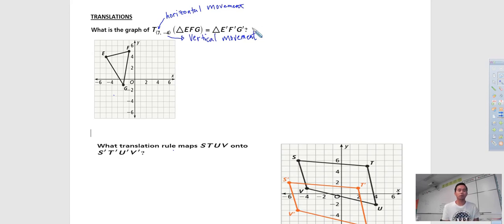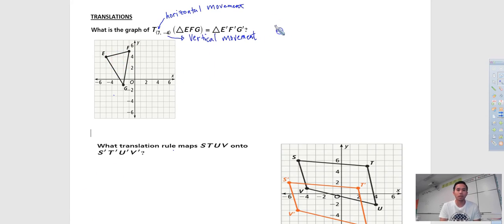Okay. So in this situation, if I'm going to graph this, it says the translation of the given pre-image, triangle EFG, moves horizontally 7 units, and then it moves vertically 4 units. So let's start with the E. You have to do the movement of each of the points.